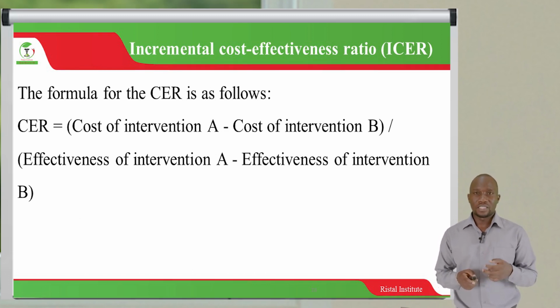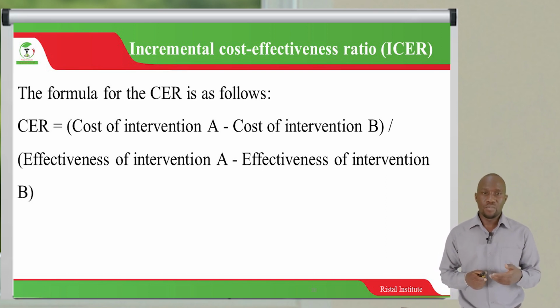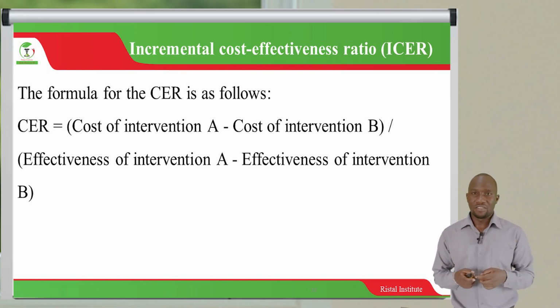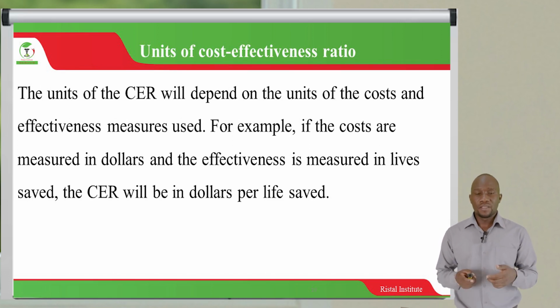This is to say that you have the cost for intervention A minus the cost for intervention B, divided by the effectiveness of intervention A minus the effectiveness of intervention B. And therefore, the emphasis with the cost effectiveness ratio is that we need to have unit costs for the interventions.